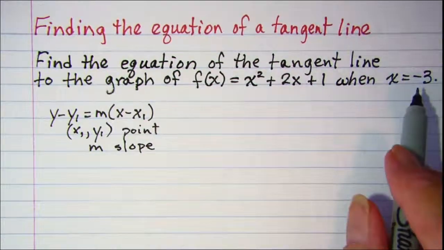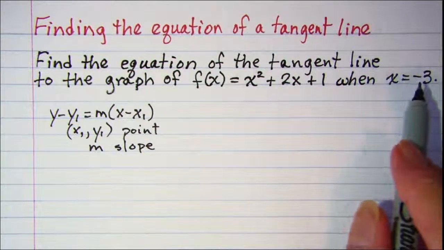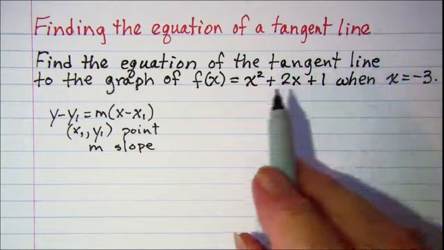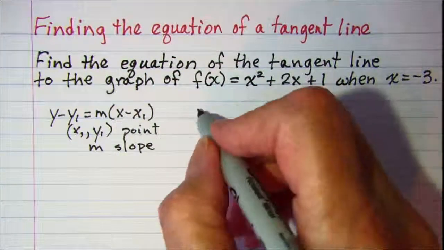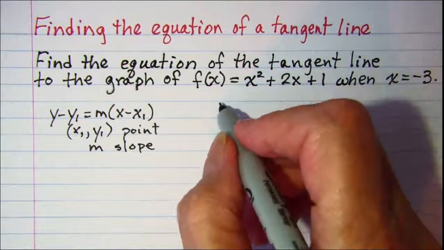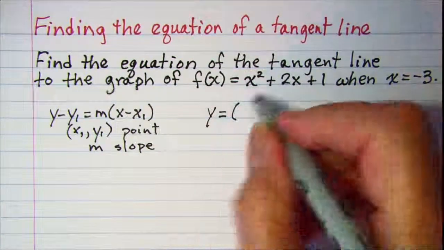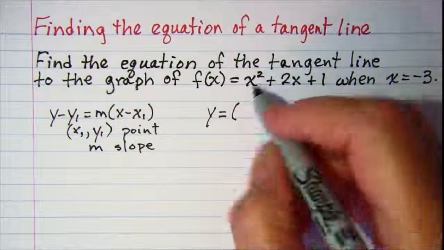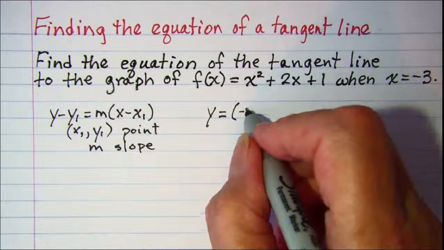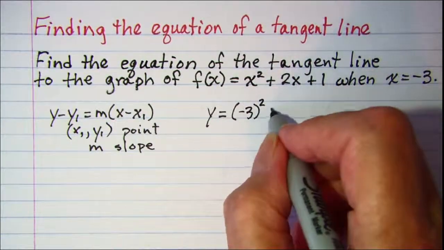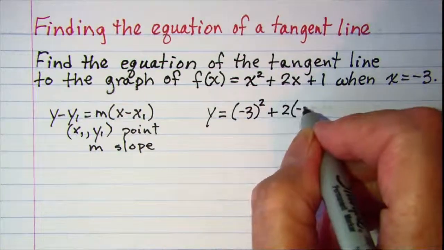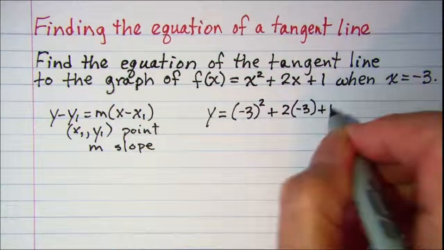Now we know that we want x to be negative 3, so to get our point, let's find the y value when x is negative 3. So y is equal to, and I'll sub negative 3 in for x into our equation, negative 3 squared plus 2 times negative 3 plus 1.